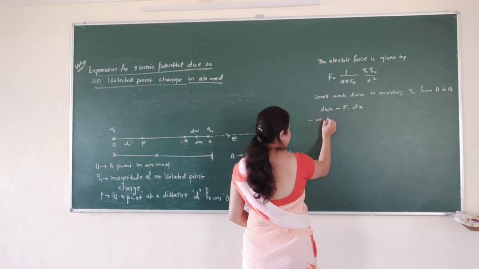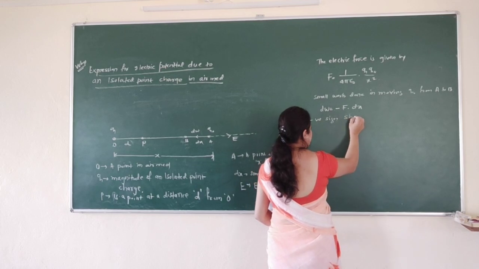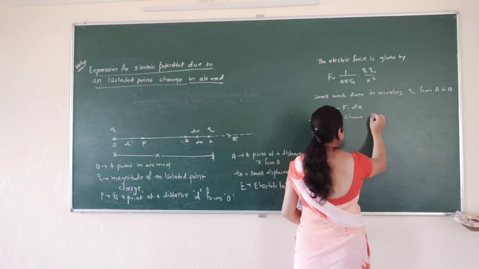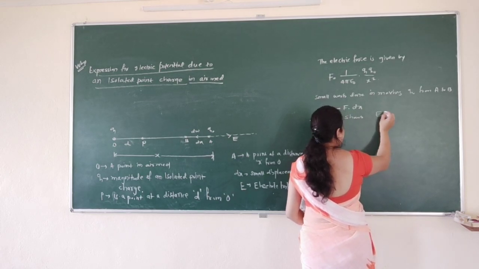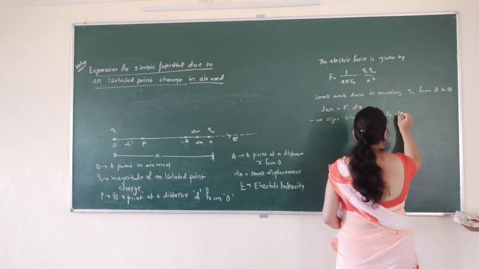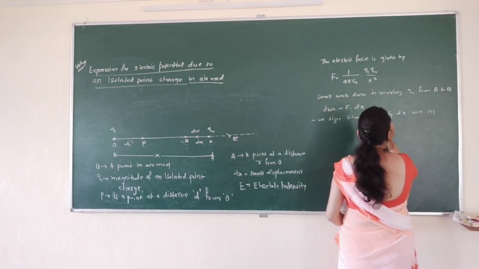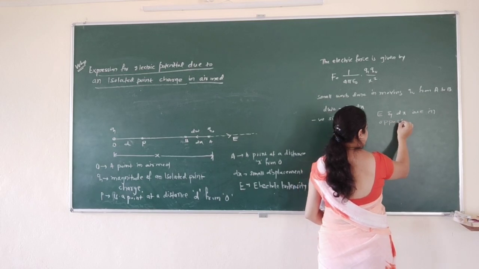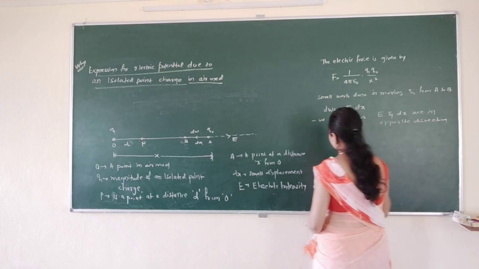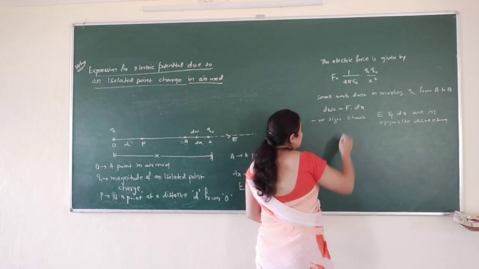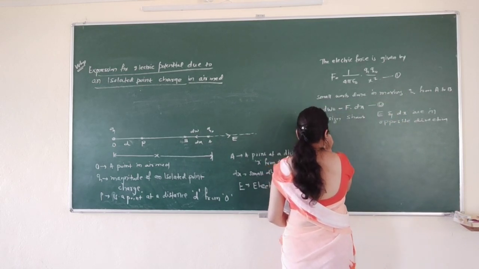The negative sign shows electric field and displacement are in opposite direction. We will call this equation 1 and this equation 2.